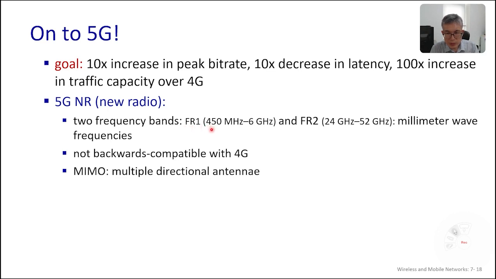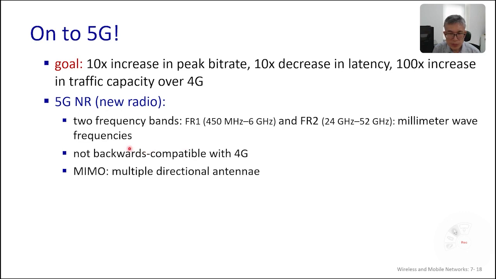The range is 450 megahertz up to 6 gigahertz. And the second frequency band is called FR2. The bandwidth is from 24 gigahertz to 52 gigahertz. This FR2 is called millimeter wave frequencies.